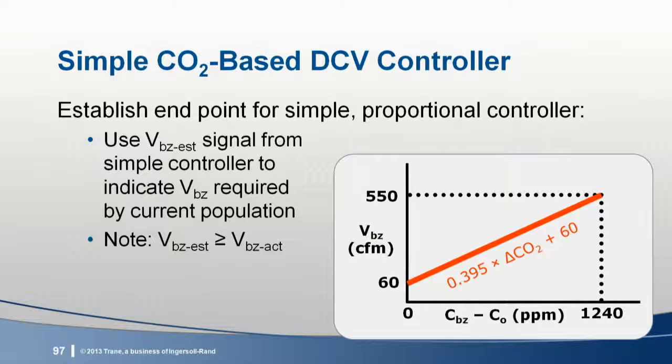The controller uses the new CO2 difference to modulate the outdoor air damper until the outdoor air rate balances with the sensed CO2 difference. The population is still unknown, but the estimated intake airflow equals or exceeds the minimum outdoor airflow rate actually required in the breathing zone.